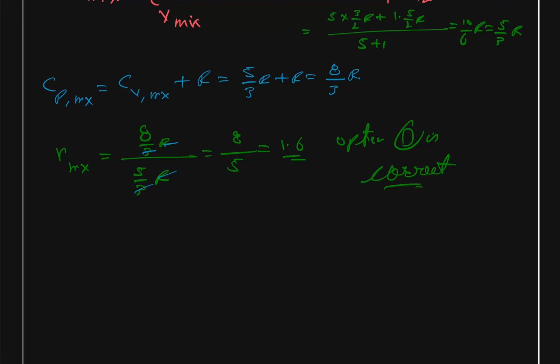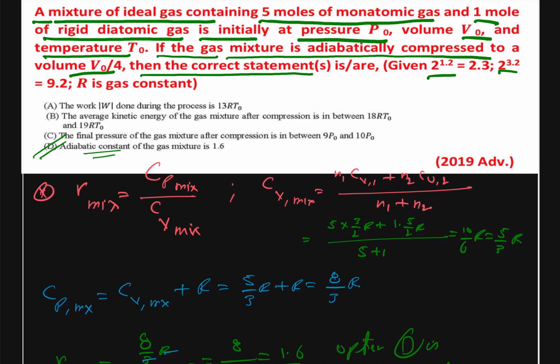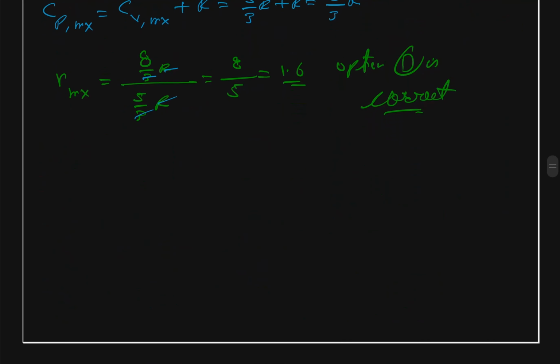So let's find out the work done during the process, that is 13 R T naught. First of all, the process is adiabatic, and we know that for this our Q is equal to 0.